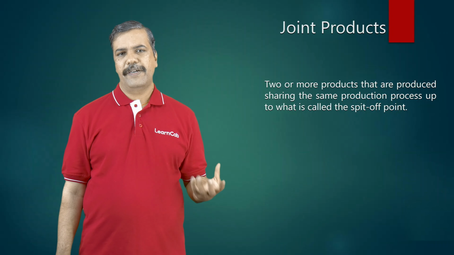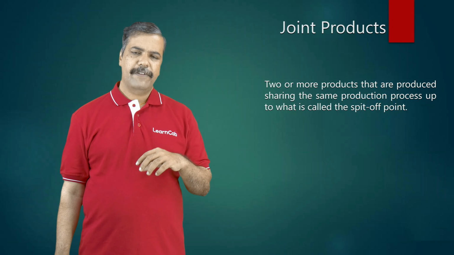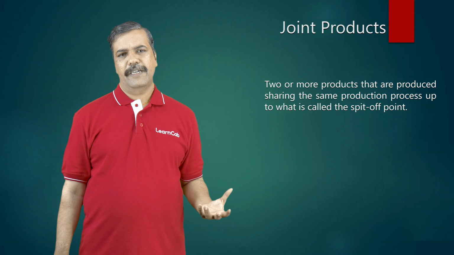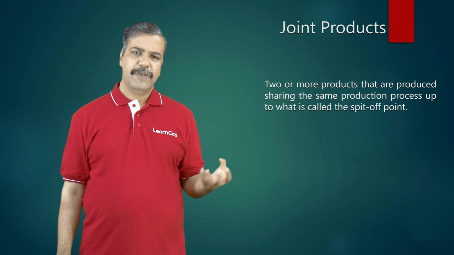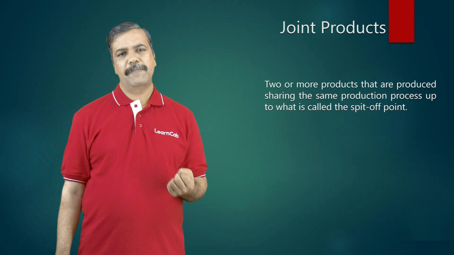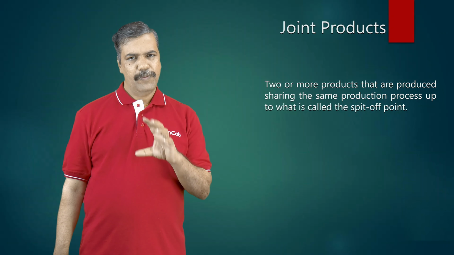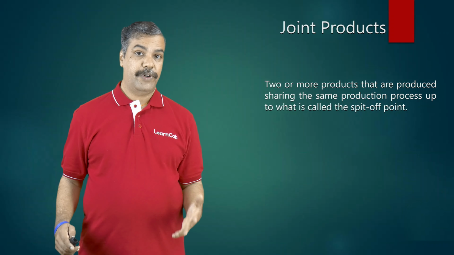It's not that the entire raw material will be used in the same process, but the common use of that raw material continues up to a certain stage called the point of split off. Once you reach that point of split off, you get different types of product.